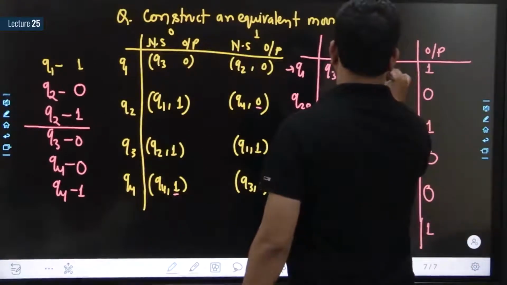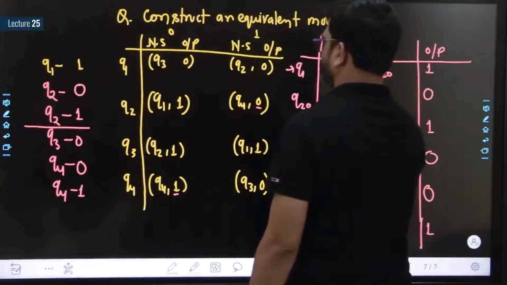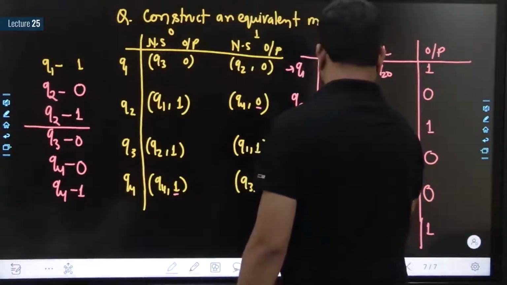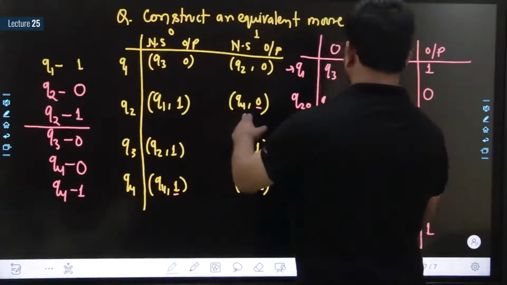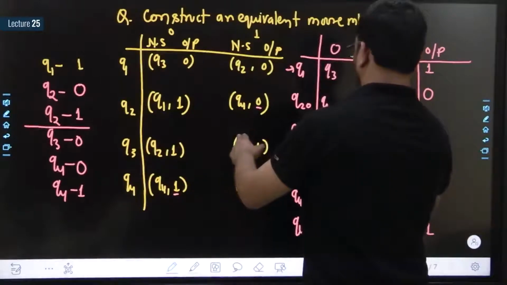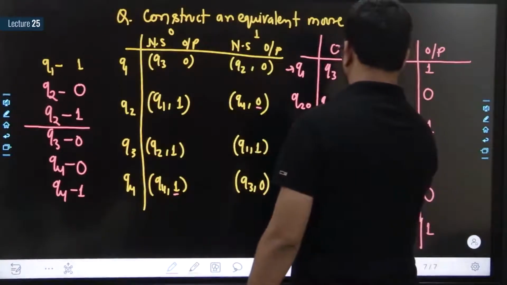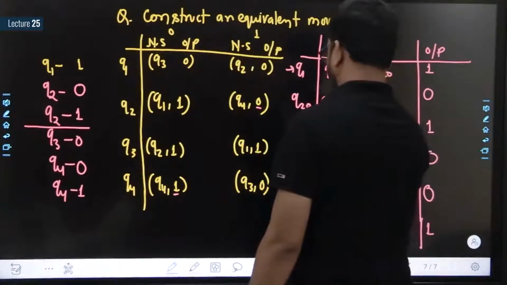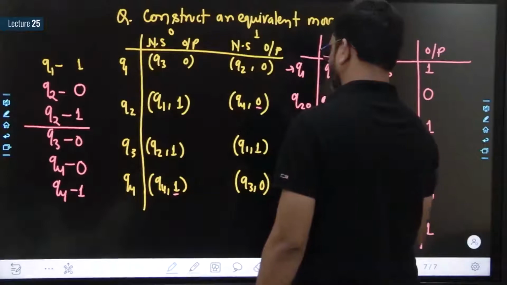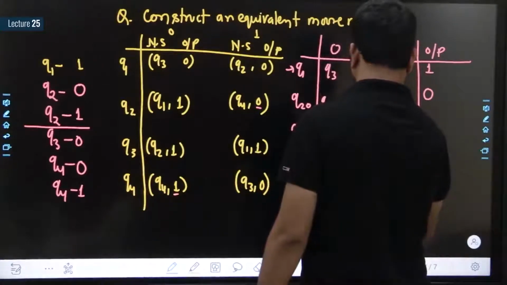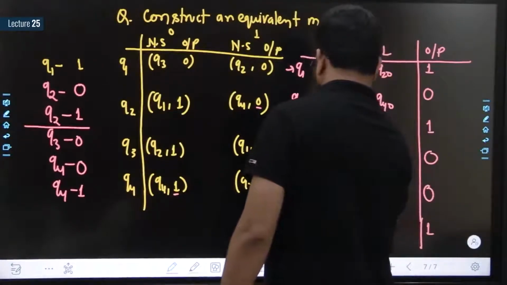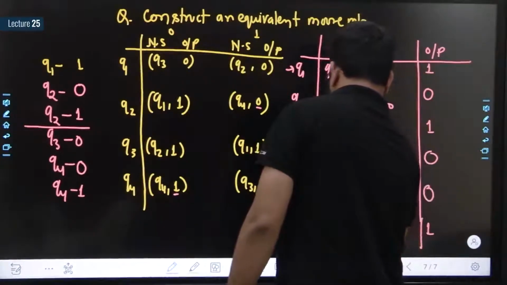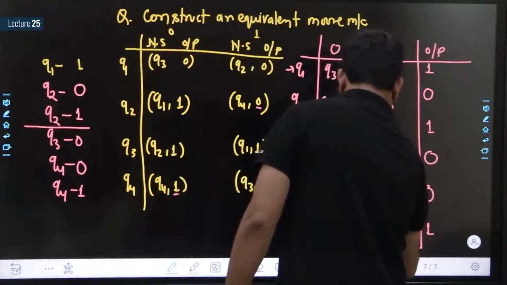Then the transitions: Q3, Q2 0, Q1 1, Q4 0, Q2 1, Q4 1, Q3 0.